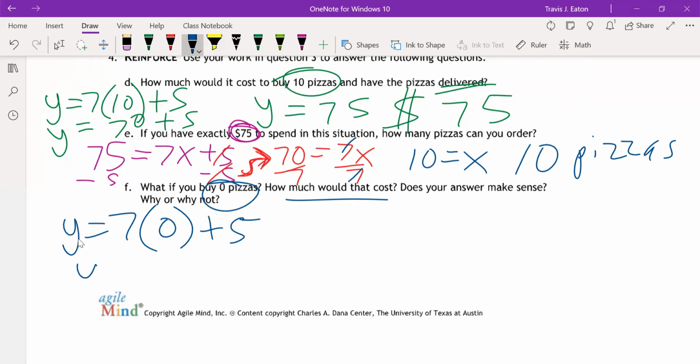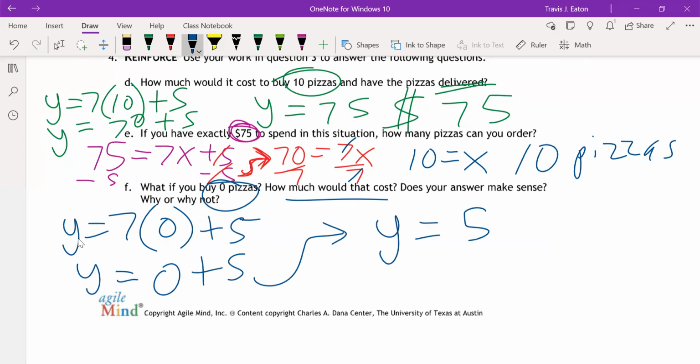So the total cost is 7 times 0, which is 0, plus 5. And 0 plus 5 is 5. So the total cost would be $5 for 0 pizzas. So it would cost $5 in this particular situation to order 0 pizzas.